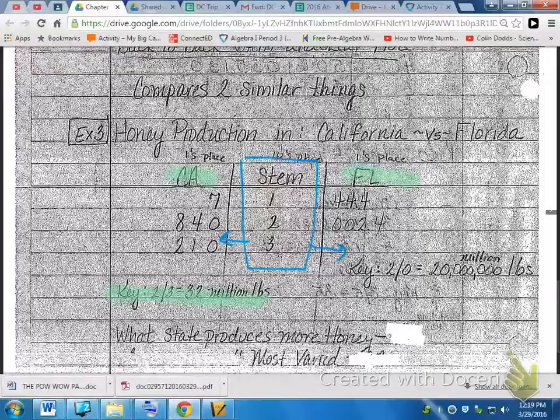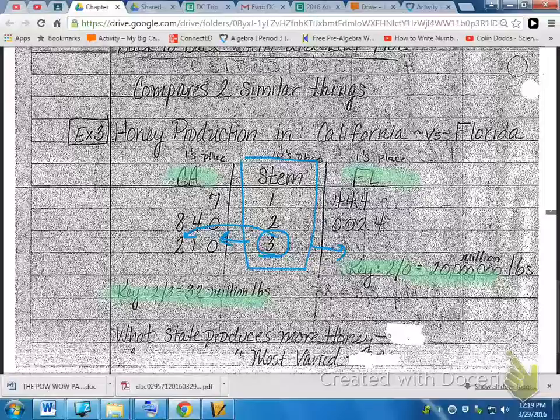So you should read it in reverse. This is still the tens place, 32, but you read it 2|3 because you always read everything left to right. On the right, this key 2|0 means 20 million pounds. I wrote that one out just to show you the difference.